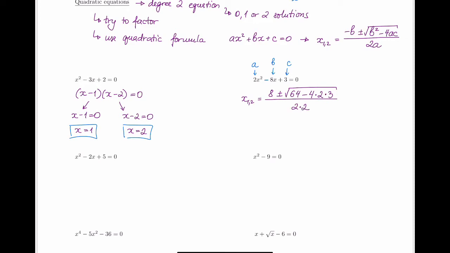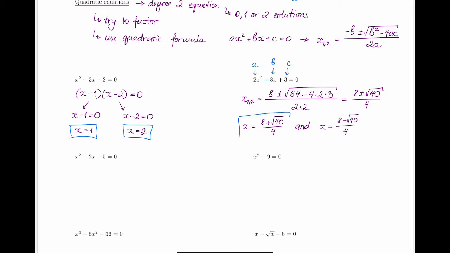Okay, and computing this value under the square root, I will get 8 plus or minus, whatever happens under the square root turns out to be 40, divided by 4. Okay, so I have two solutions: x equals 8 plus root 40 divided by 4, and x equals 8 minus root 40 divided by 4.